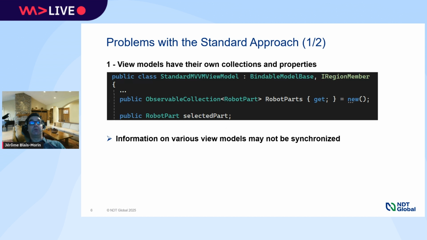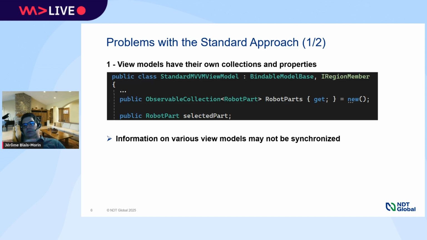The first problem that I have here is the view models have their own collections and properties. This may not be a problem for your specific application, but in our case, we have various screens and various view models, and the user can go from one screen to the other to complete a task, a bit like in a wizard approach.